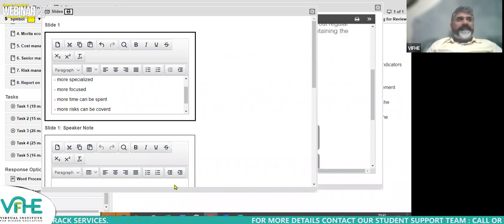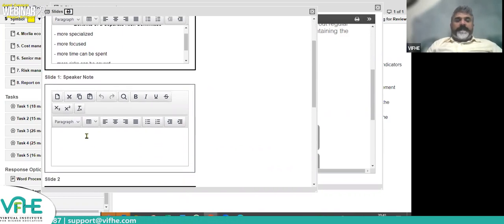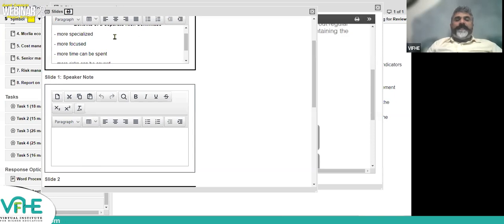Shareholder confidence. Right now, my friend, the scenario does not provide us any information about shareholders. So please, how will you link with the scenario? Okay. So now can we explain all this? How can we explain more specialized? How can we explain how more specialized is a benefit if we separate?